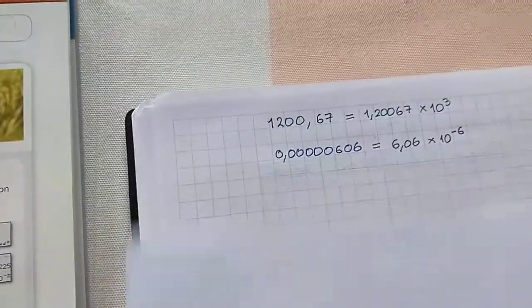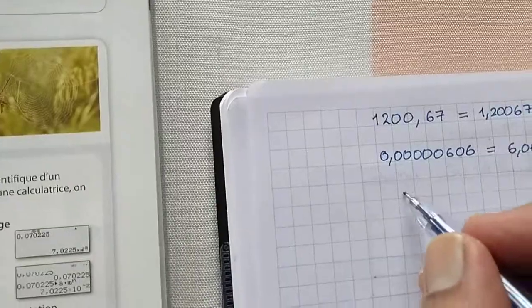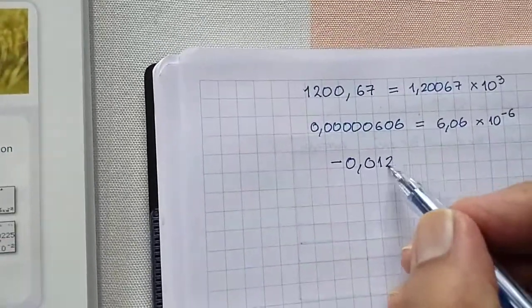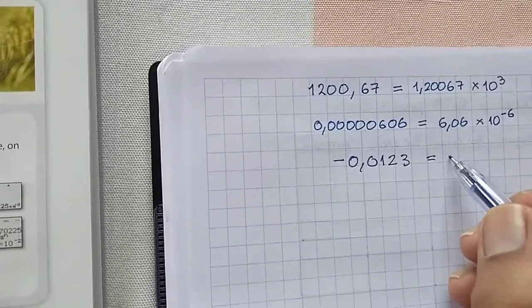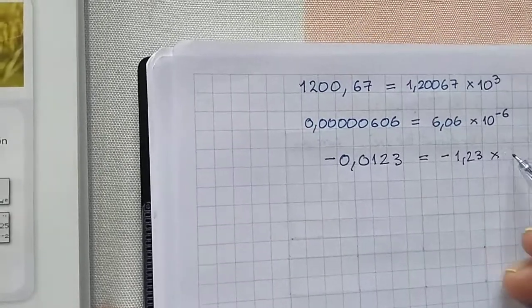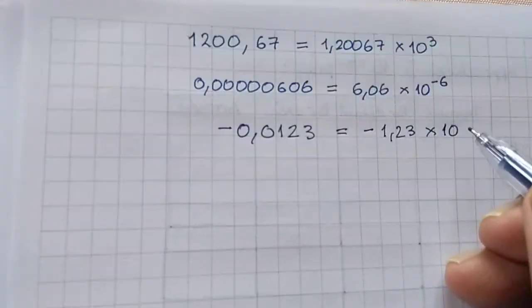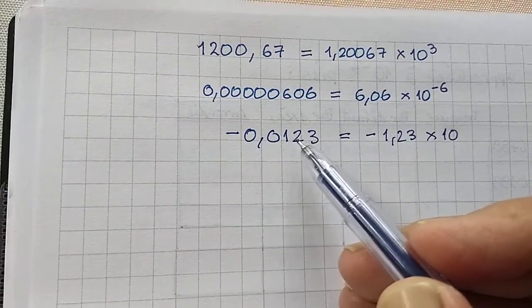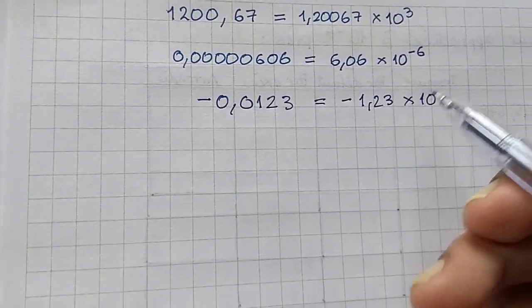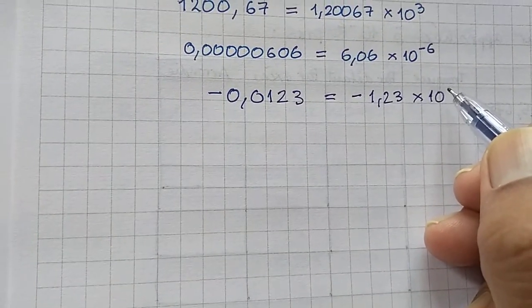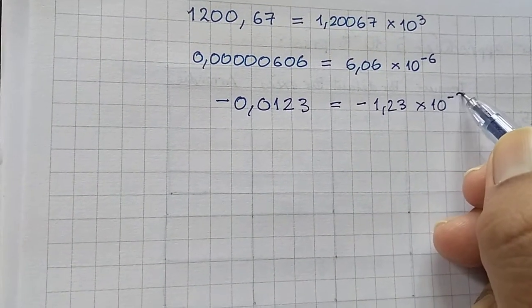Okay, so does it work with negative numbers also? I haven't written a negative number, but suppose I had minus 0.0123. This will be minus 1.23 into 10 to the power what? Here I move the decimal 2 places to the right, so I have to multiply by the opposite, that is 10 to the power minus 2.